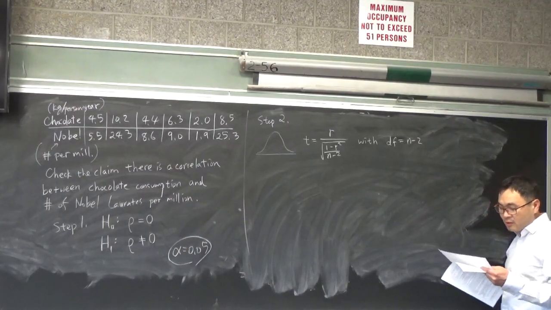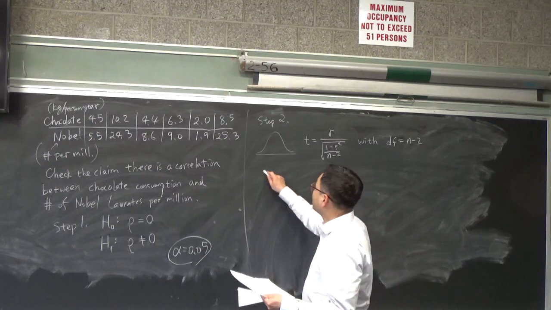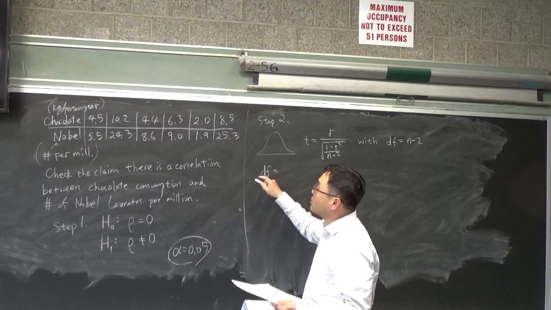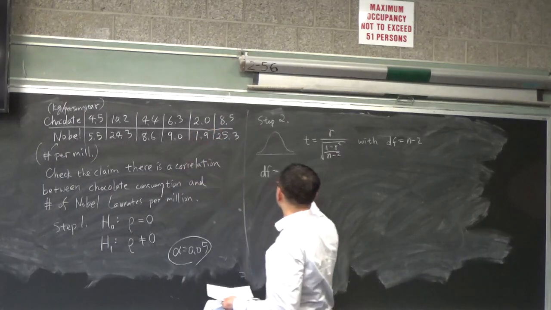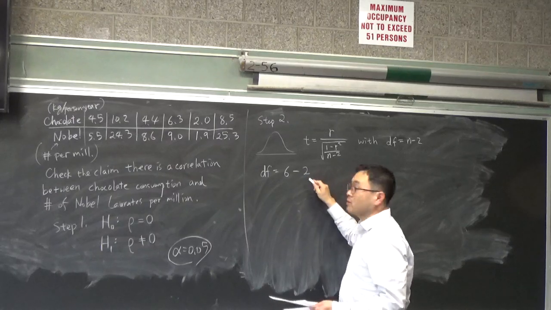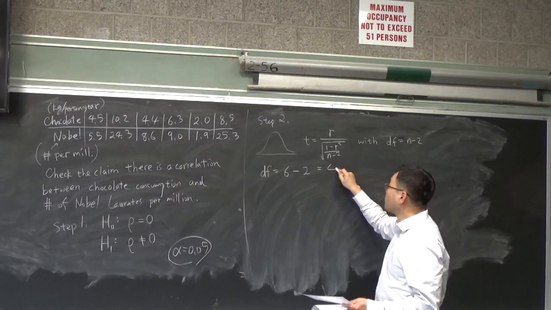So if you go to significance level 0.05, what's our degrees of freedom? Well, there are 6 data points, right? Minus what? 2. For linear regression, you have to subtract 2. And that gives you 4 degrees of freedom.